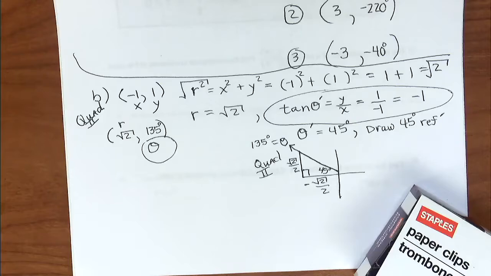Let's see how many of these things you can answer off your head. You should be getting to this point by now or pushing yourself to do so. What's the relationship between reference angle and theta when you're in quad 1 and only quad 1? They're equal. But every single time you're in any quad other than quad 1, you're either adding or subtracting the reference angle and either 180 or 360.